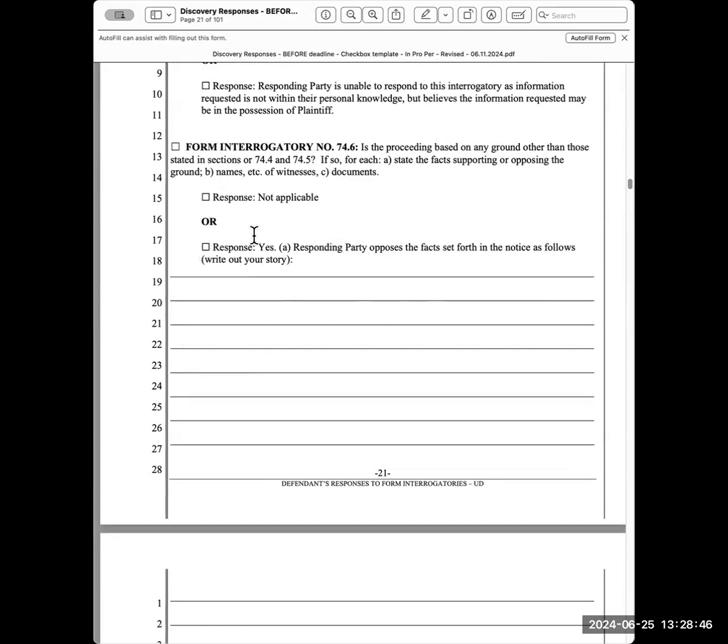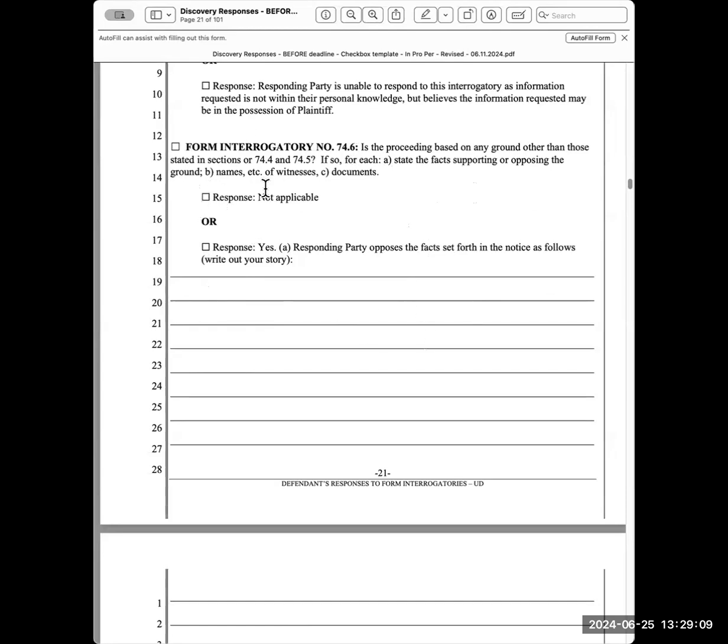And this is where you want to put in a thorough answer of the facts supporting your defenses. This is where the responding party opposes the facts of what's being alleged against you, and you write out your story.